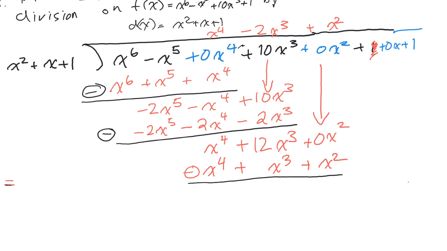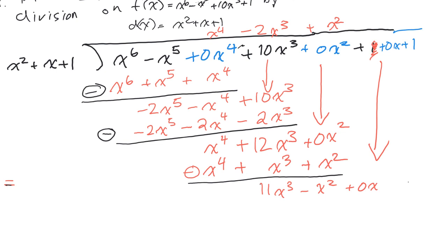And we have 12. 12 minus 1, which is 11x cubed, plus 0 minus 1, which gives us, instead of plus 1, it becomes minus 1x squared. So now we're going to bring down the 0x term, and we pull it off again by noticing that there's an 11x cubed.